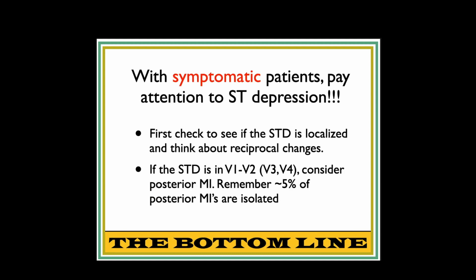Okay, so let's sum everything up. With symptomatic patients, pay attention to ST depression. First, just check to see if it's localized. Again, what you're really doing is looking for reciprocal changes. Localized here means localized in one area or another, or in several areas, okay? If the ST depression is in those early V leads, consider a posterior MI.